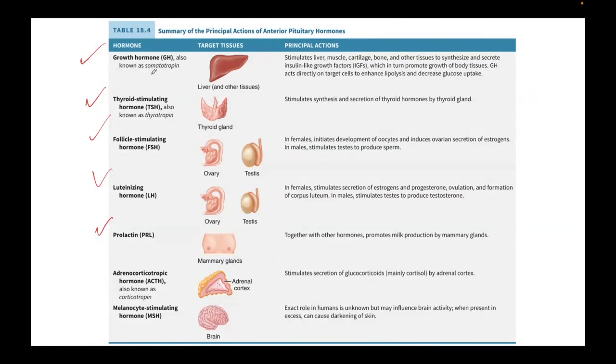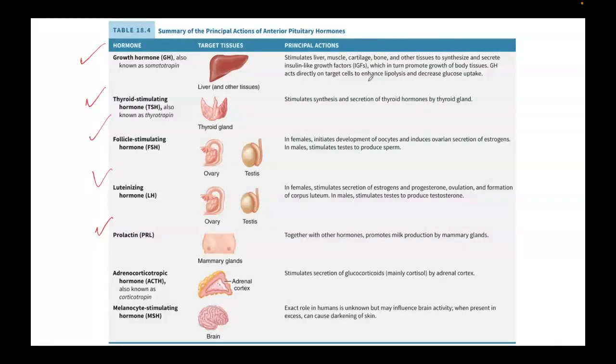So growth hormone is going to stimulate the liver, muscle, cartilage, bone, and other tissues to synthesize and secrete what's called IGFs, or insulin-like growth factors, which in turn is going to promote growth of body tissues.